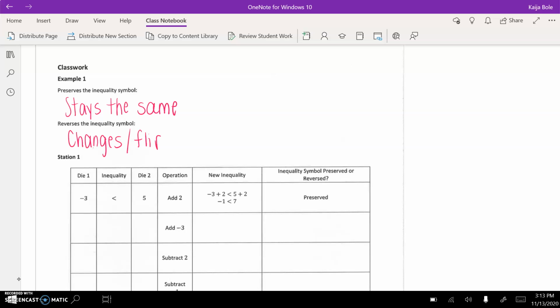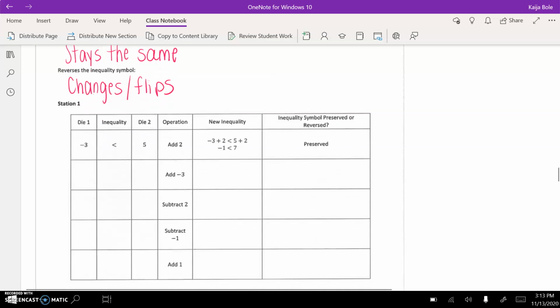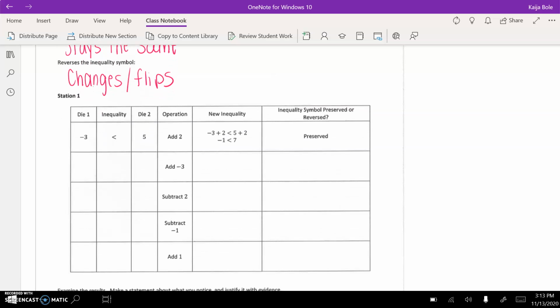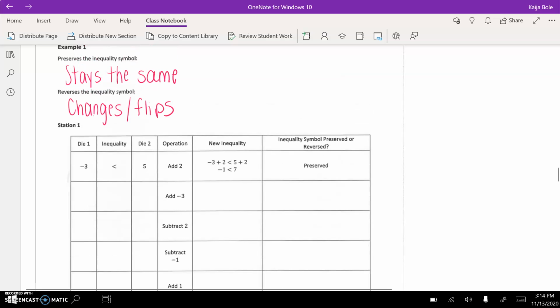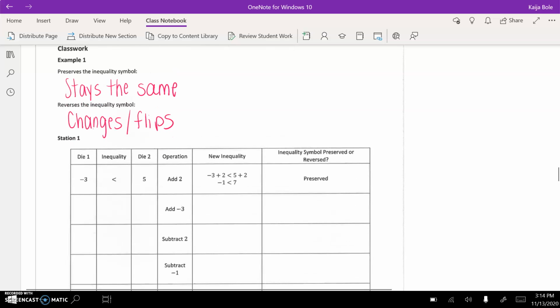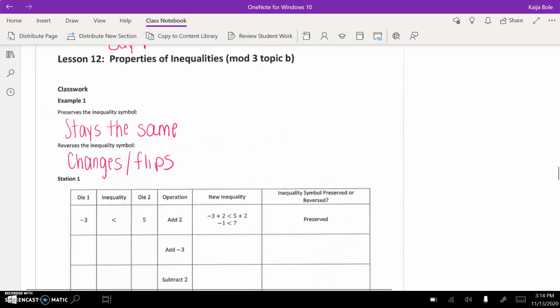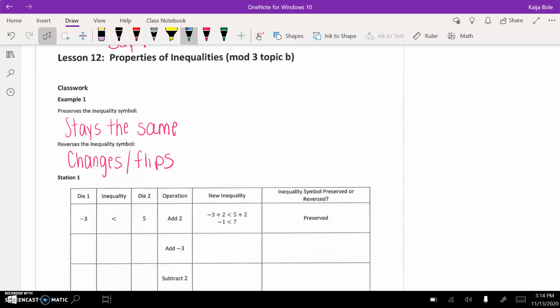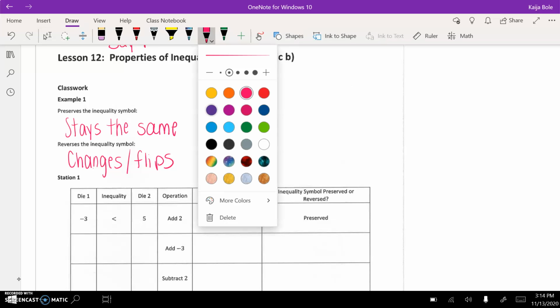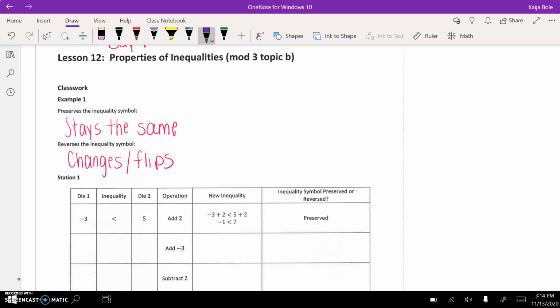Okay, so we're just going to do a few examples here in each one of these stations, and just look at the patterns and then see if things were preserved or reversed. Before we even get into this, let's put the symbols at the top to help us remember. Remember we read from left to right.